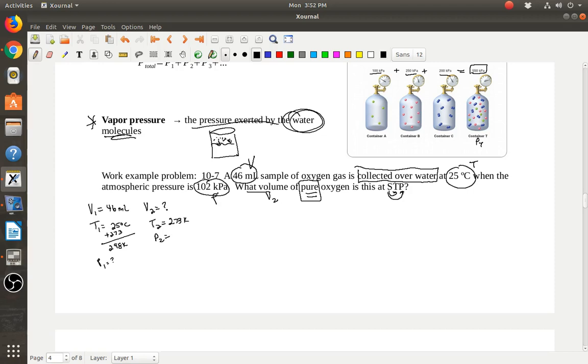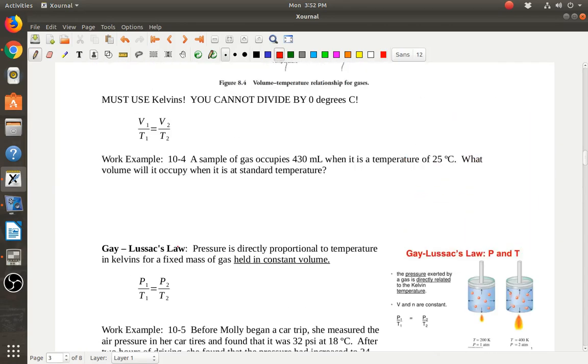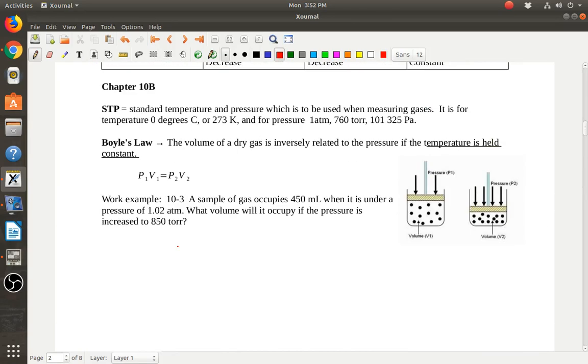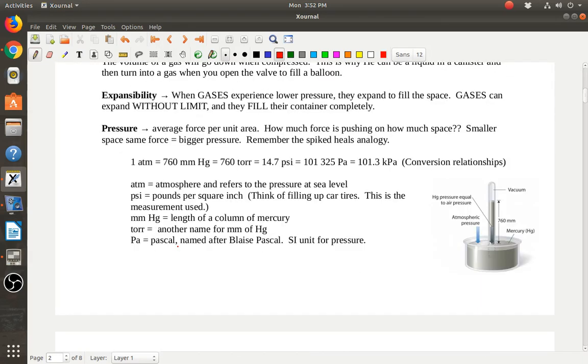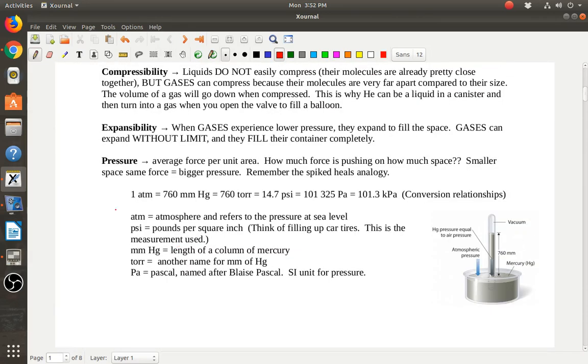All right, the unit they use for pressure here is kilopascals. So I really want my standard pressure to also be in the same unit. So I'm going to go way up here to the top somewhere where I listed all the pressure units for you. There they are. This right here is standard pressure. 1 atmosphere.